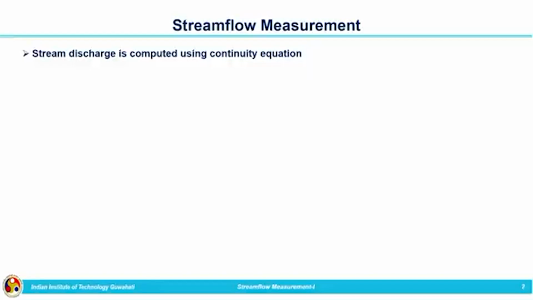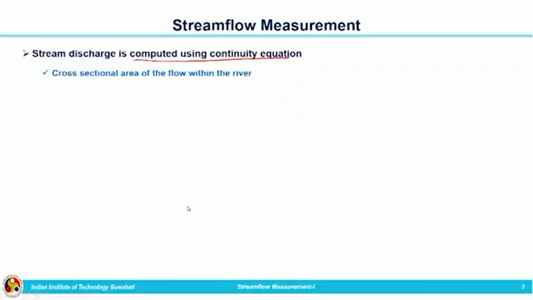Now, let us move on to the streamflow measurement. Stream discharge is computed using the continuity equation. As I explained in the previous lecture, once we know the area of cross section and the average velocity, we can easily compute stream discharge by making use of the continuity equation, which we are very well aware of. For that, we need the cross sectional area of the flow within the river and the average velocity.